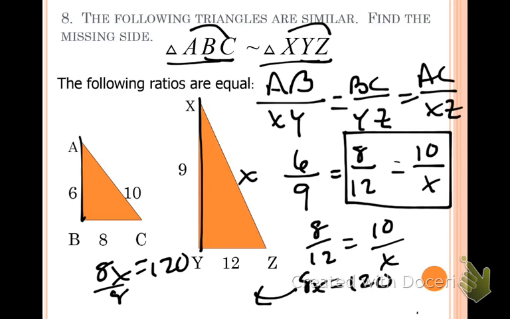Now divide by 8. And x ends up being 15. That means that the missing length right here is 15. Does that make sense? Make enough sense? Okay.